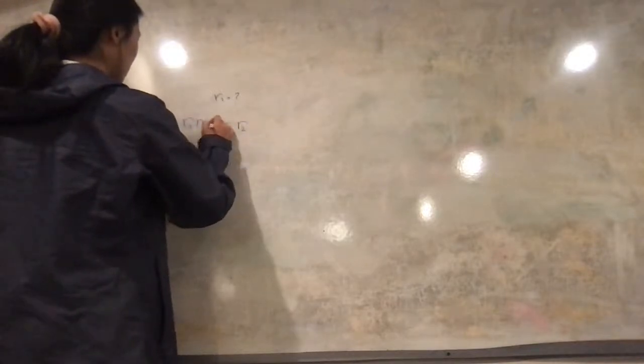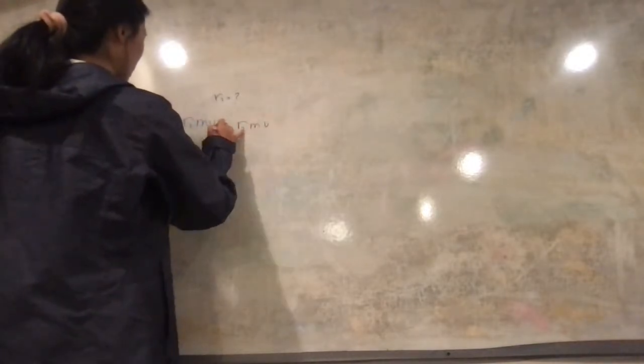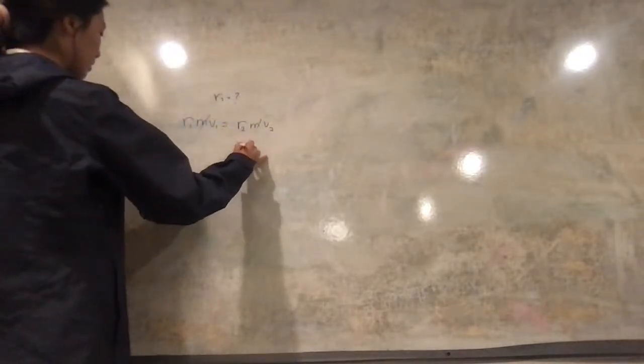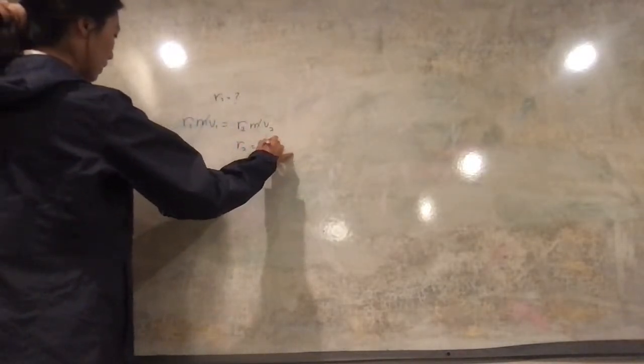If they're asking to find R2, for example, then you can use r m v equals r2 m v2. The mass cancels out, and then we can find R2 equals R1 V1 over V2.